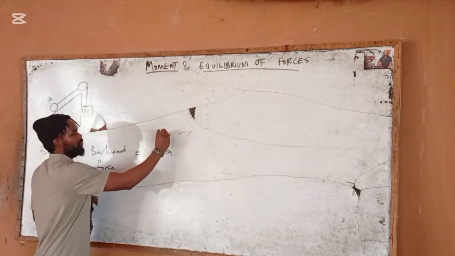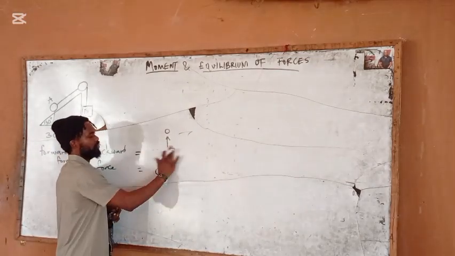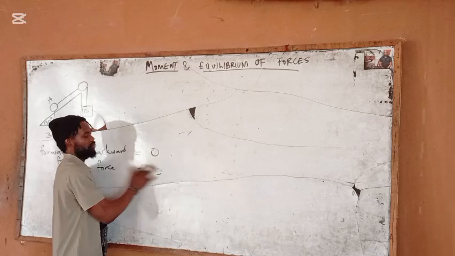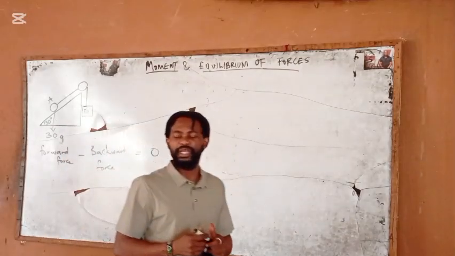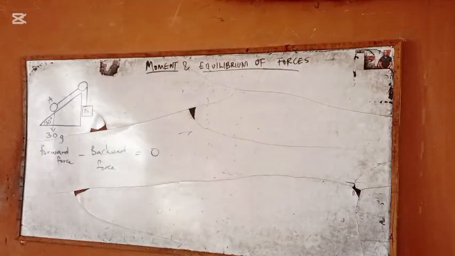But at equilibrium, a is 0, which means everything here should be equal to 0. So what will be the force acting on this, the components now? Since we know there is forward force and backward force, what will be the components of those forces?